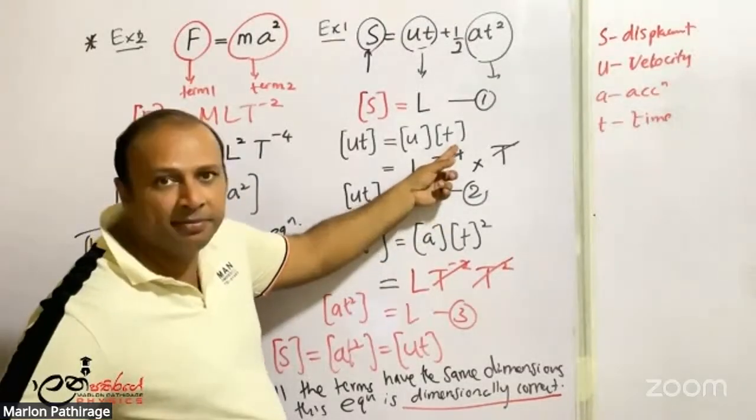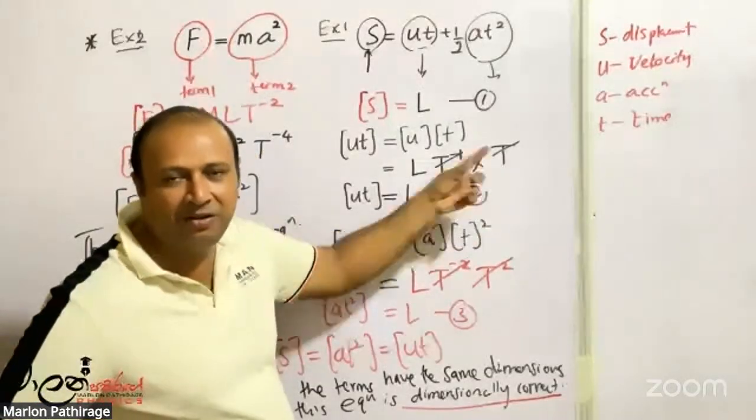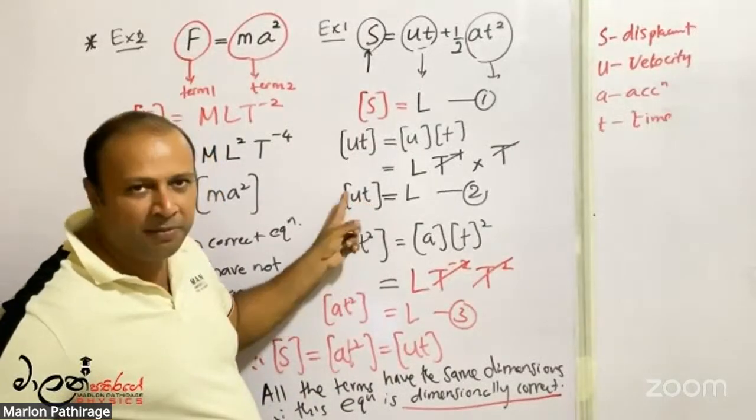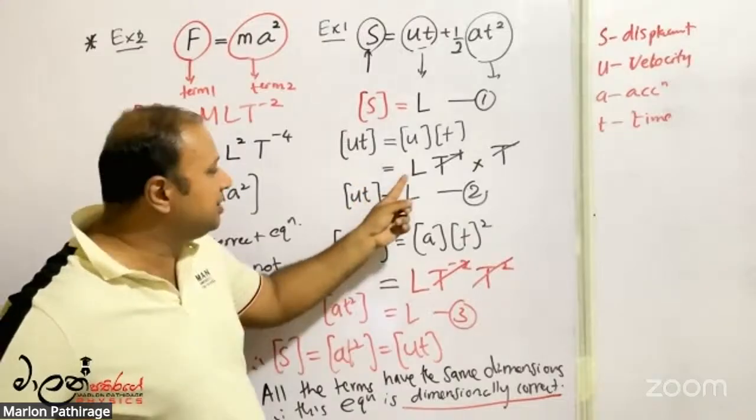Velocity is LT minus 1, that is correct. LT minus 1 into time. Once you multiply with time, minus 1 to plus 1 will be cancelled out. Then it will be the velocity into time. Dimension of velocity into time is important.